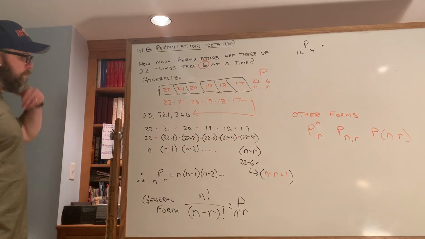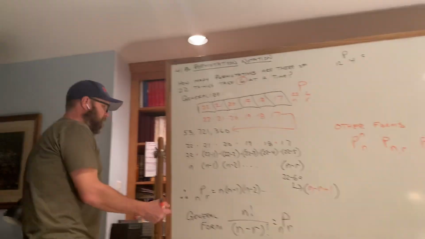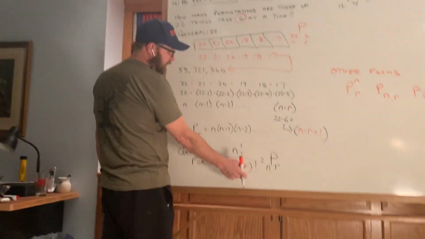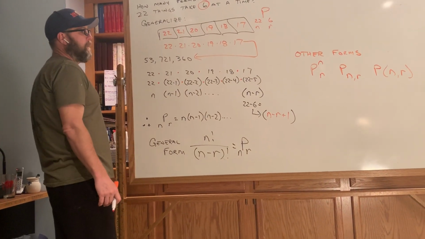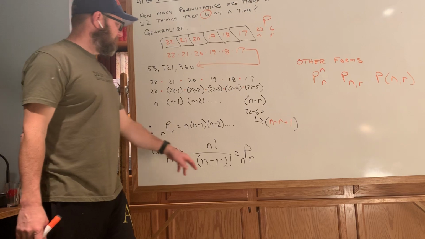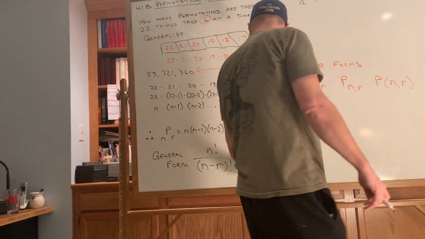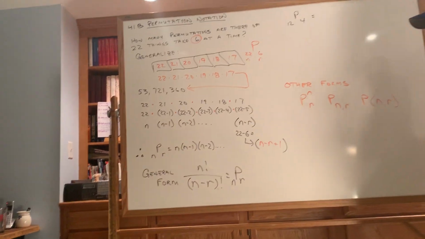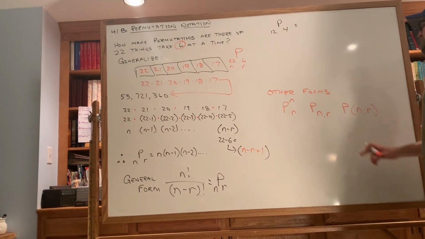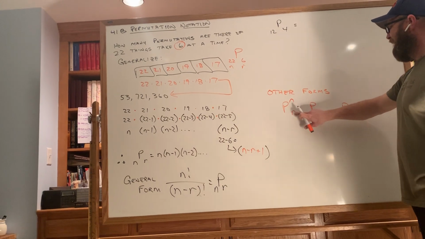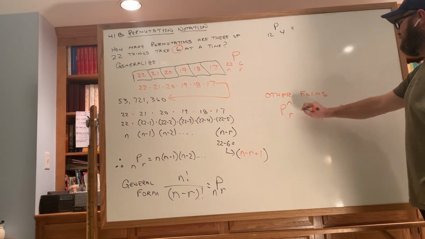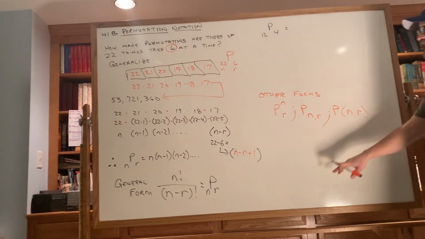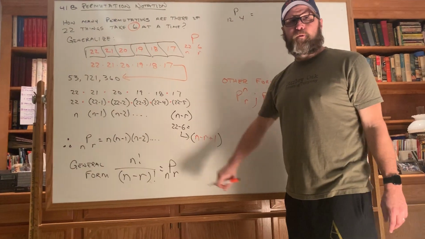So when we do all that and we put it together, we get this general form, which is n factorial over n minus r factorial. And this is going to be the n over r for that number of items and that number of places. So there are other forms of this where I have it like this, or like this, or like this. We're going to stick with this form here because I like this form right here.